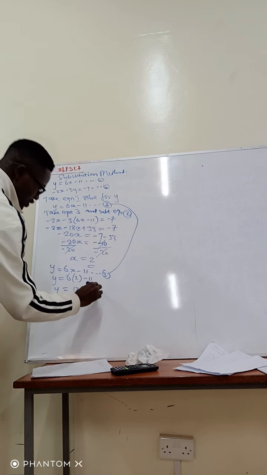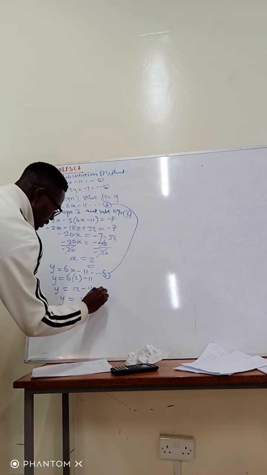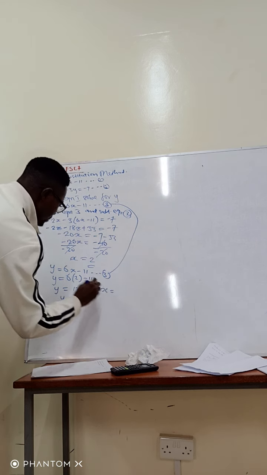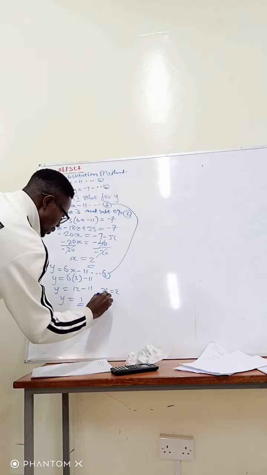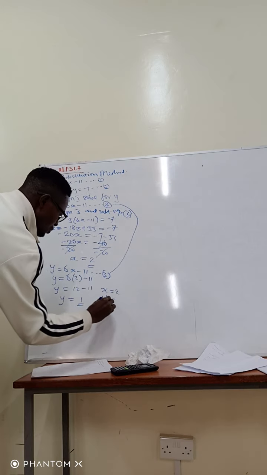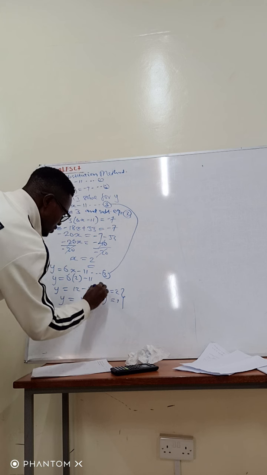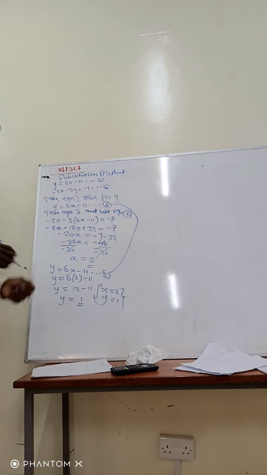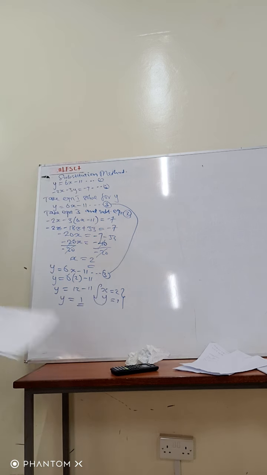So in this question, we have the value for x to be equals to 2, y to be equals to 1. This is the solution, x is 2, y is 1. This is the answer to this question.